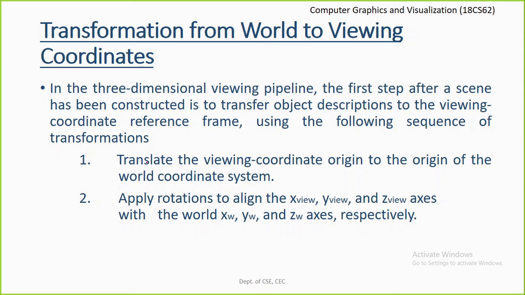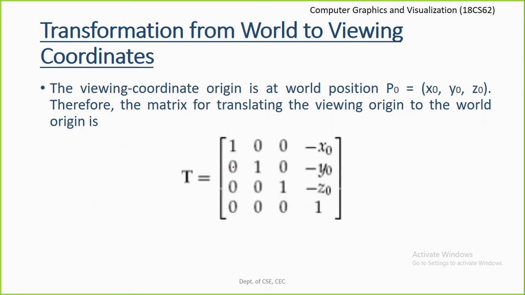Now let us look at each of these steps individually. First step is to translate the viewing coordinate origin to the world coordinate origin. The viewing coordinate origin is at the world coordinate position x0, y0, z0. Therefore the matrix for translating the viewing coordinate origin to the world coordinate origin is a 4 by 4 matrix again. It's the translation matrix: 1 0 0 minus x0, 0 1 0 minus y0, 0 0 1 minus z0, 0 0 0 1.